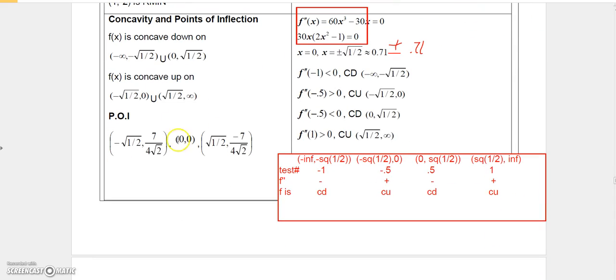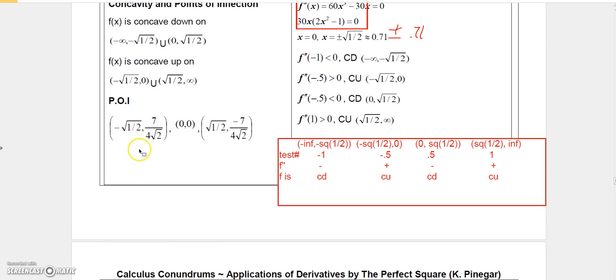Now I got, when I plugged minus square root of a half in there, 7 over 4 square root of 2. And then when I plugged 0 in, I just got 0 for the y value. And when I plugged square root of a half in, I got -7 over 4 square root of 2. Now again, you might need the approximate y values for these, which you can just get from a calculator.